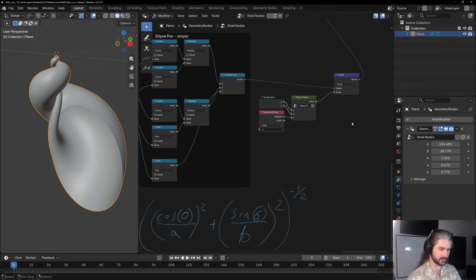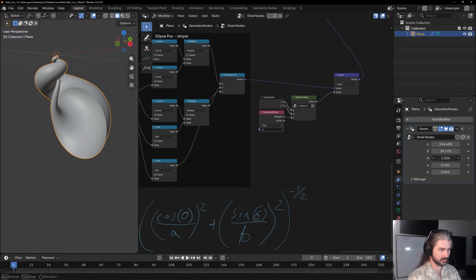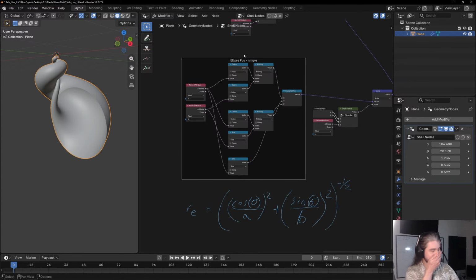The next thing is the part that I've been looking forward to the least, because what if we want to rotate the aperture?